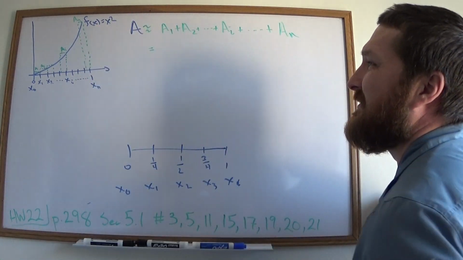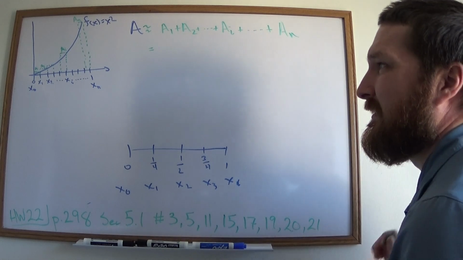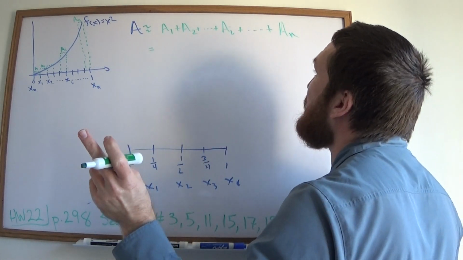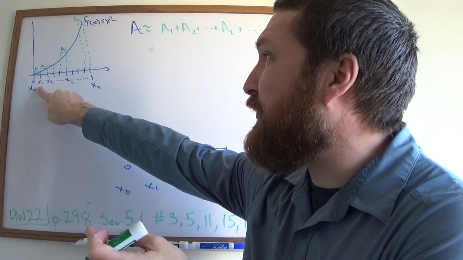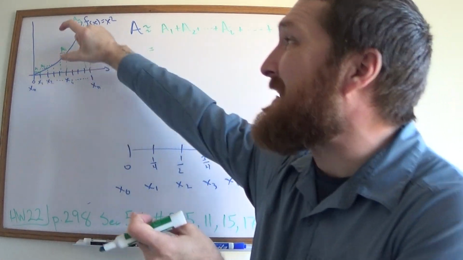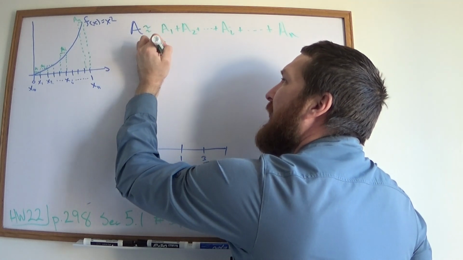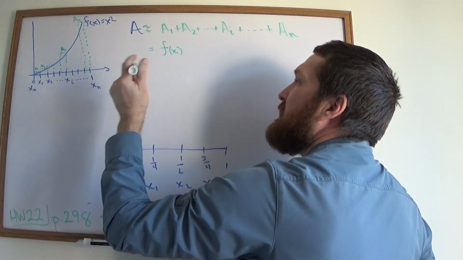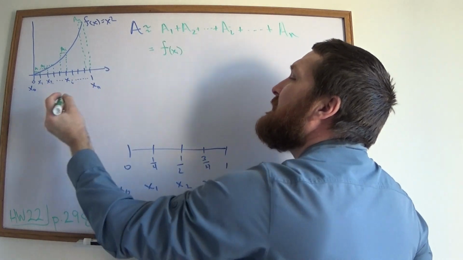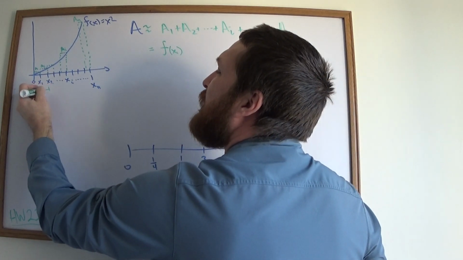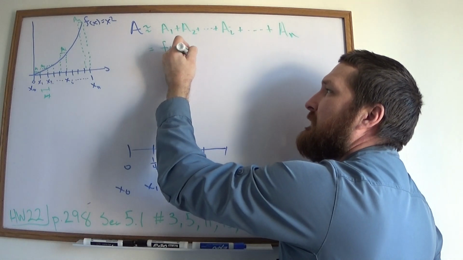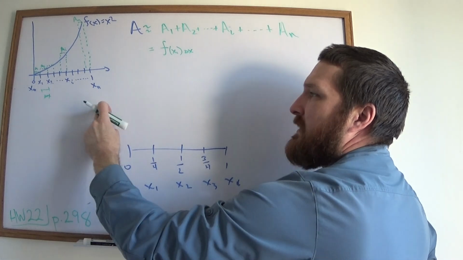How do I find A1? What do I do? f of x1. I plug whatever that input value is in to get the height. So my height is given by f of x1 times, let's just call it delta x for right now, because each one of those is delta x.